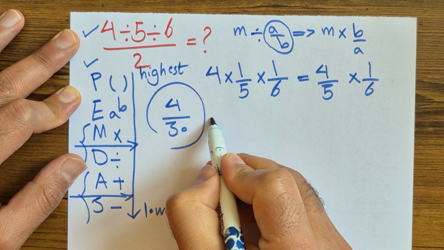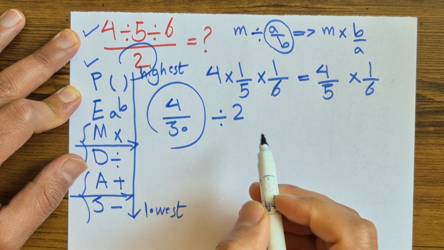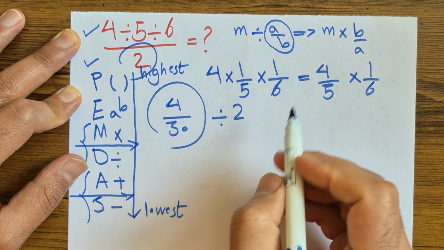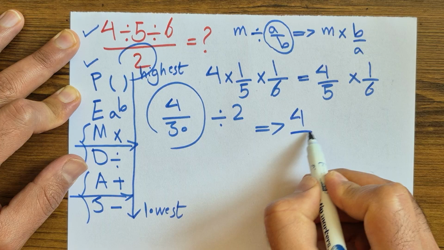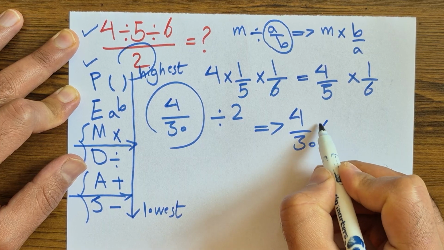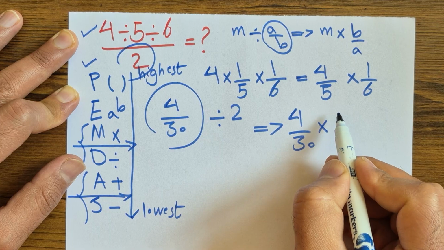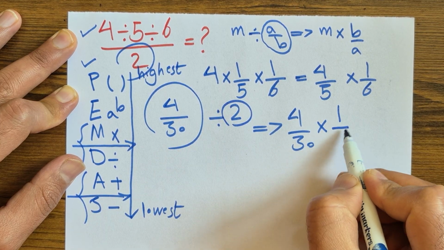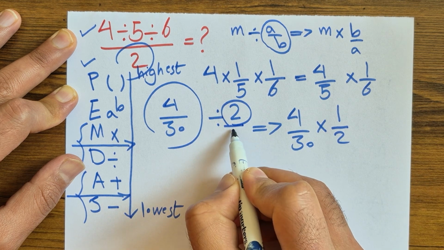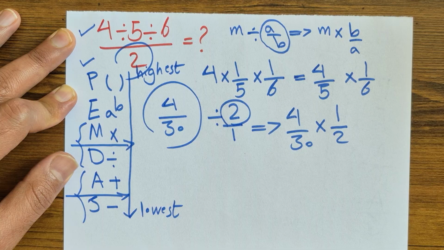Now you should divide this by the denominator, by the bottom part. Again, another division, so we can write it as multiplication. 4 over 30 multiplied by, okay, it's your turn. What is the reciprocal of 2? 1 over 2, because 2 is a digit, and we can write it as a fraction where the denominator is just 1.